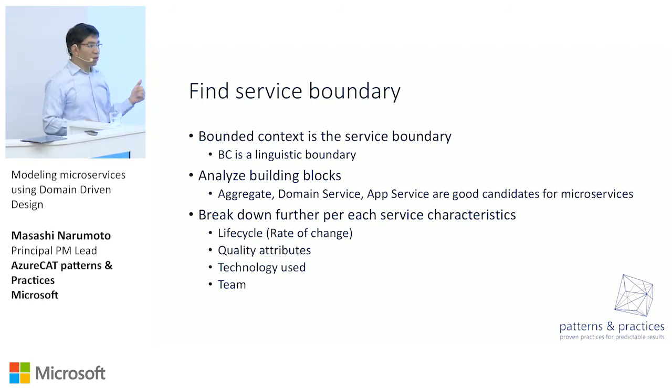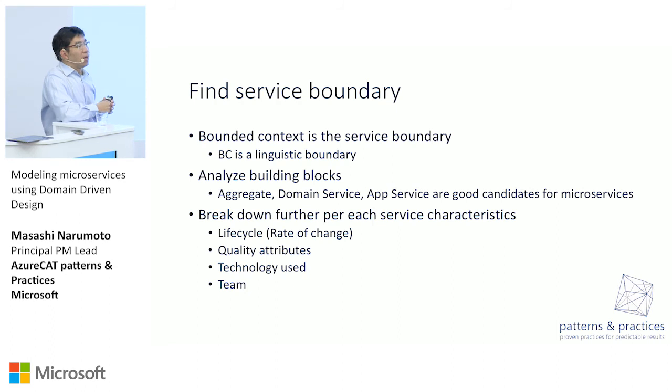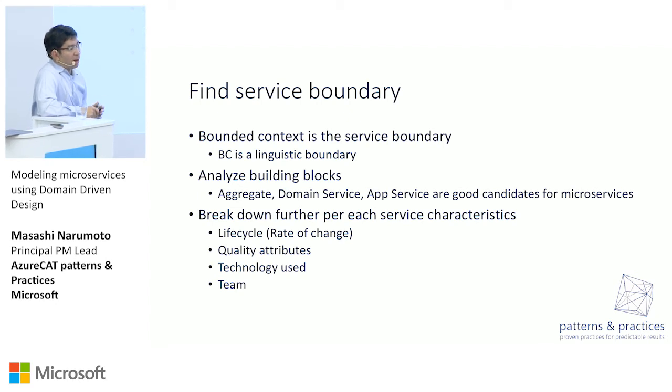And technology use. If you want to write C# for feature A and Python for B, you can split them into two and use different technologies, not just programming languages, but storages, messaging mechanisms, framework versions and stuff.